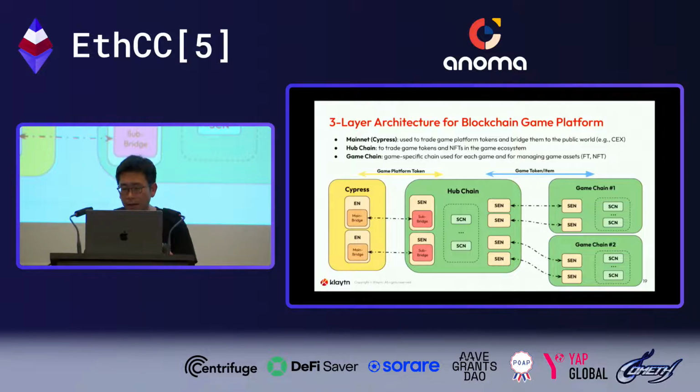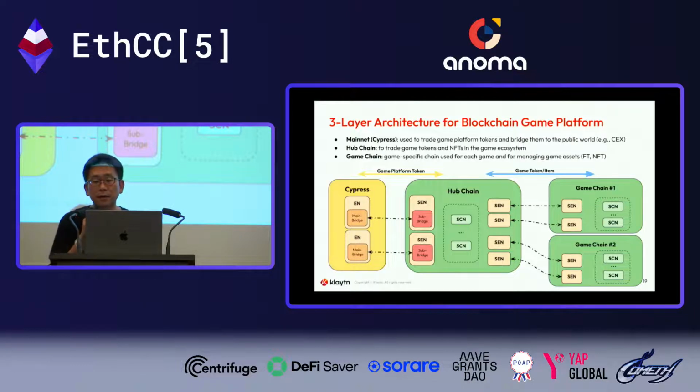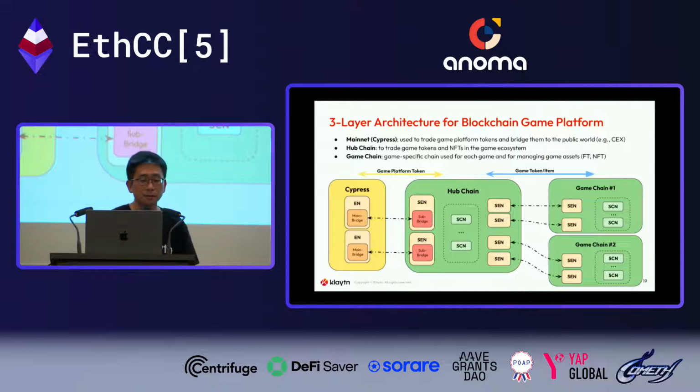And on the right side, there are game chains, and each game might have its own chain, or they might use the hub chain and so on. And of course, there are also bridges between the hub chain and game chains, and the game assets, FTs and NFTs, can be transferred between these two chains.